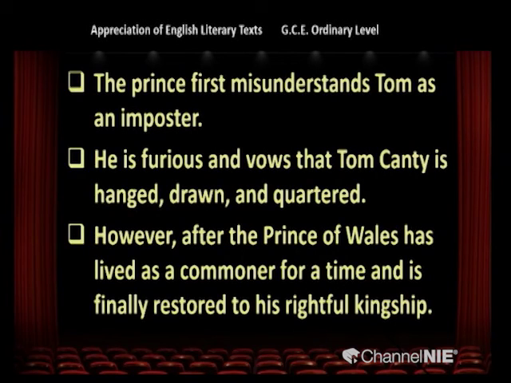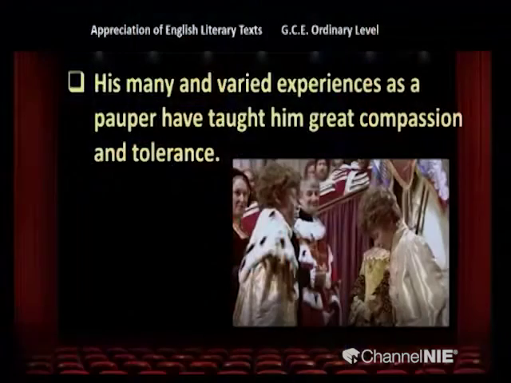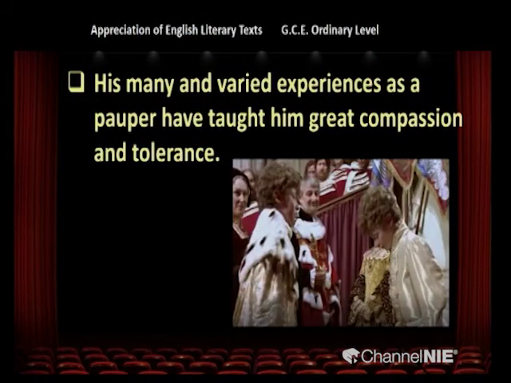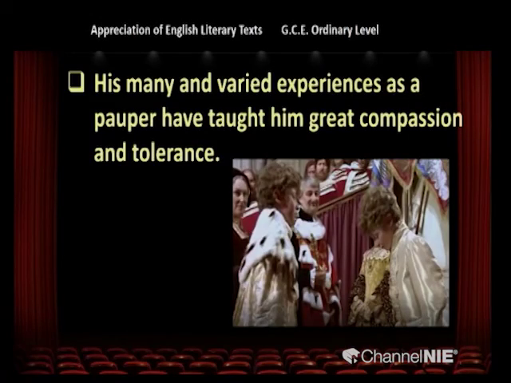However, after the Prince of Wales has lived as a commoner for a time and is finally restored to his rightful kingship, his many and varied experiences as a pauper have taught him great compassion and tolerance. So, you can see that Tom Canty reveals that he is not the king, but finally it is proved that the real prince is the one who is wearing the rags.